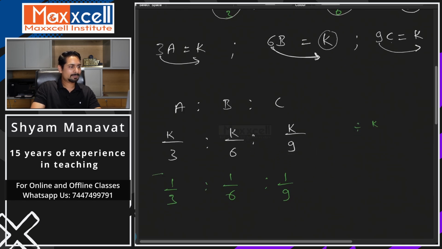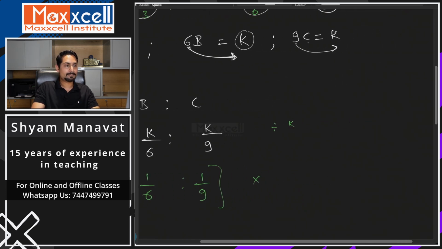Now you have the numbers in fractions. You remember the first lecture where we discussed what to do if the numbers are in fractions? We multiply by some common number so that 3 can cancel that number, 6 can cancel that number and 9 also can cancel that number.